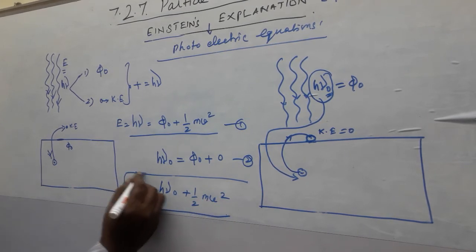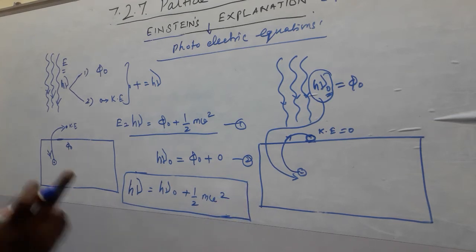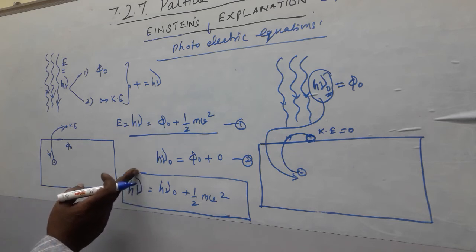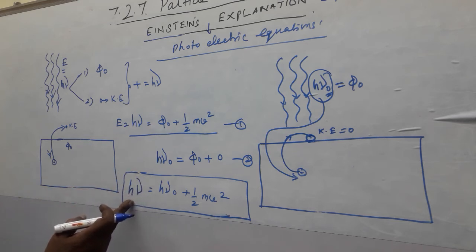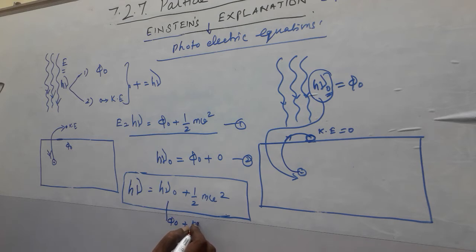This equation explains that the total amount of incident ray energy is utilized for the work function plus the maximum kinetic energy of the electron. This is the famous equation.